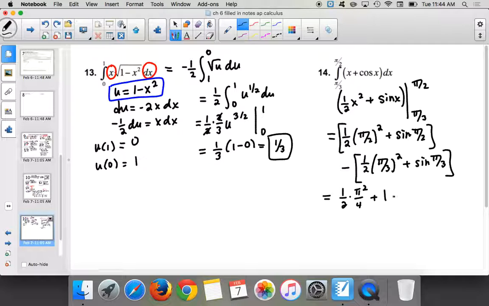All right, and then I have minus 1/2 times pi squared over 9, and then sine of pi over 3. What is it? Root 3 over 2, good. So we're going to do minus, because I distributed my negative, so minus root 3 over 2.